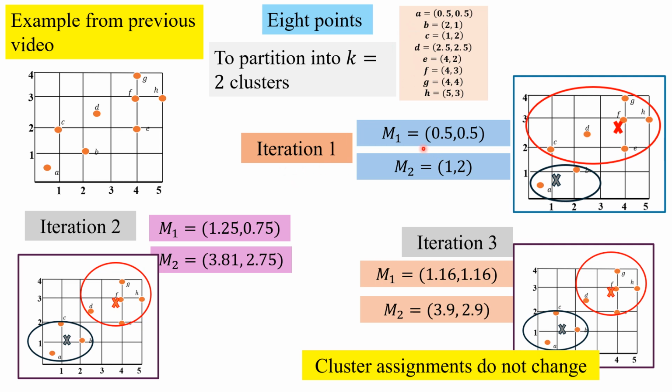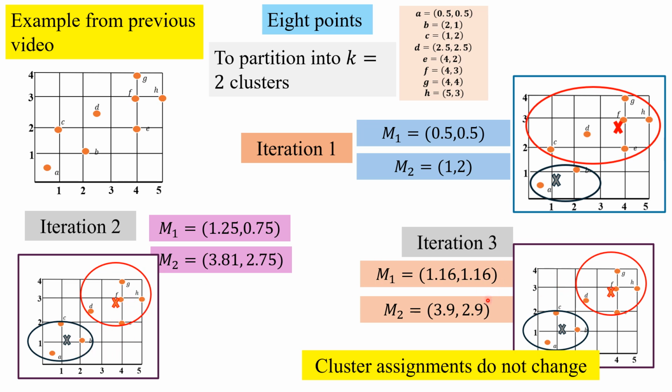In the first iteration, we had chosen M1 as point A and M2 as point C. In the second iteration, when we recomputed the means from the first assignments, A, B gives us M1 and the rest of the points give us M2, and we reassign and get 4 data points here, 5 data points here, and 3 here.